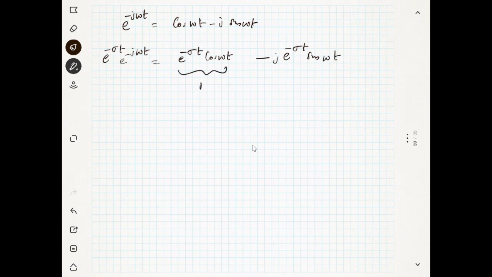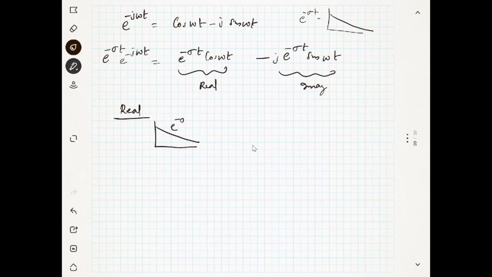This is my real part and this is my imaginary part. If I plot my real part, it is a cosine wave multiplied by e power minus sigma t, which I have already told you is a wave like this. So you have e power minus sigma t like this multiplied with the cosine omega t.